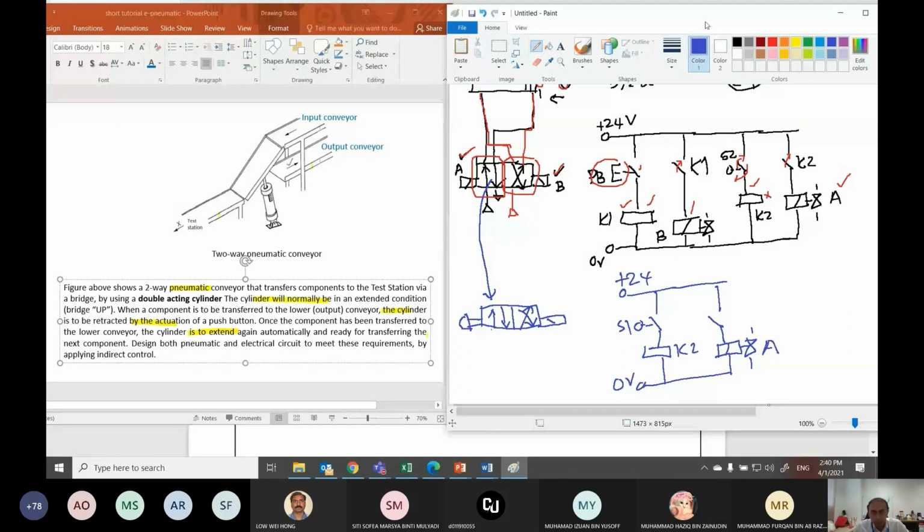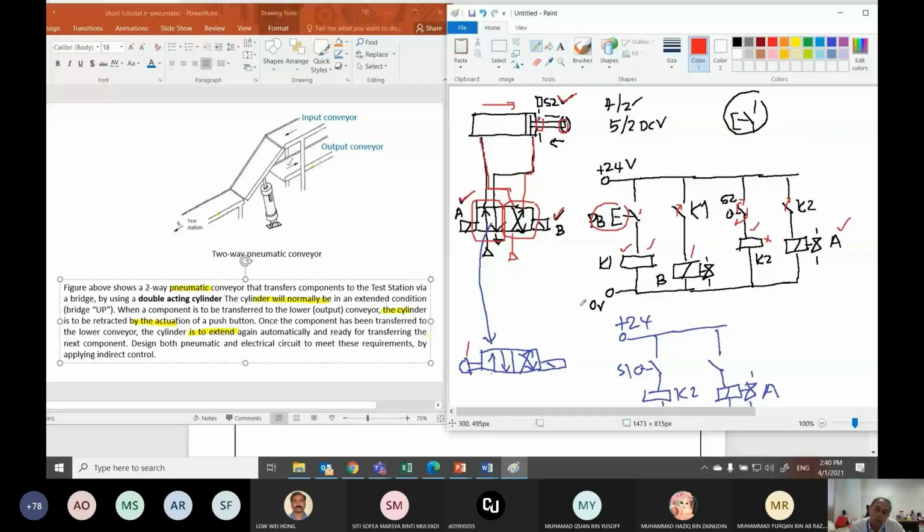Okay, so when I press this push button, the cylinder is to be retracted by the push button action. So this one is wrong, because this one extends. So erase it. The position of the push button here is wrong.